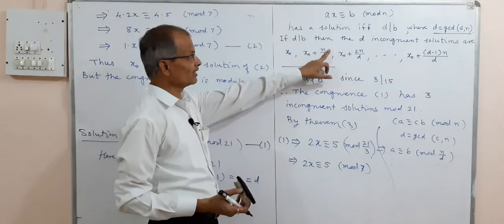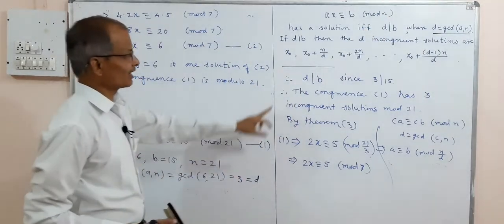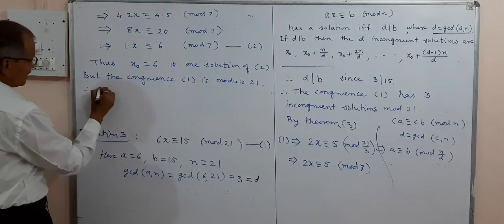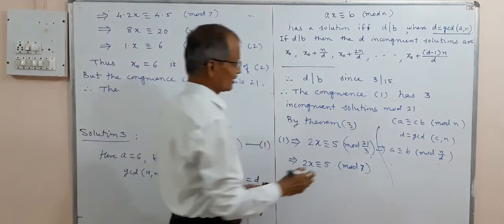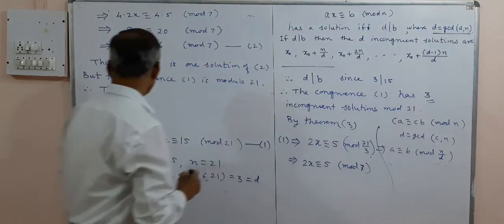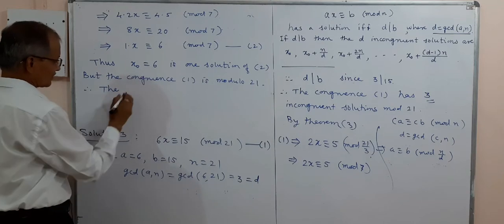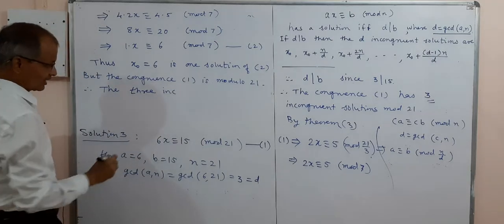Value of n is 21. n here is 21 and d here is 3, and write all the solutions. So how many solutions are there? 3 incongruent solutions of 1, we can say.